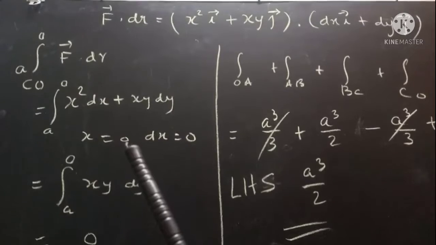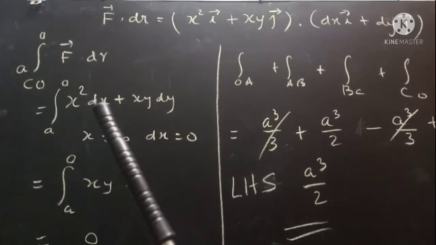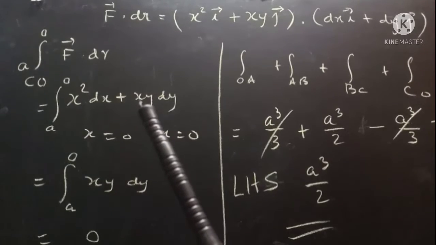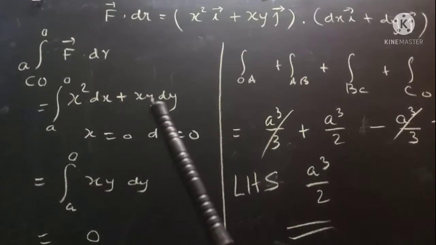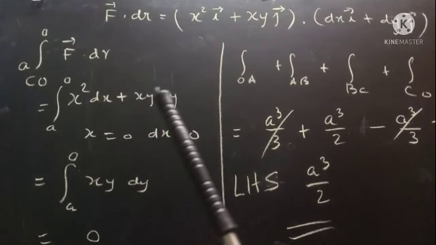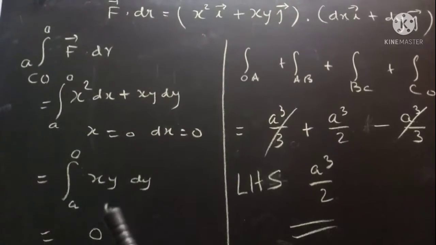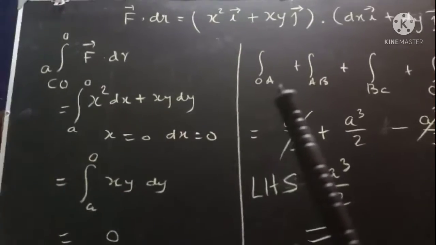Here x is equal to 0, so dx is equal to 0 and the first term is 0. Also x is equal to 0, so 0 into y makes the total term 0. The xy dy term with x equal to 0 also gives 0. Answer 0.